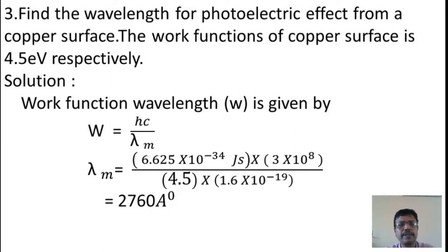If we substitute, lambda naught, that is called the threshold wavelength of the copper surface, is 2760 angstrom.